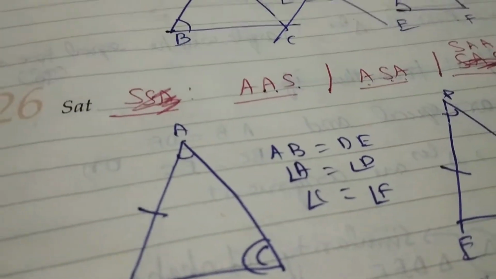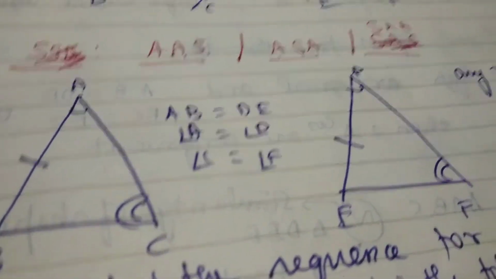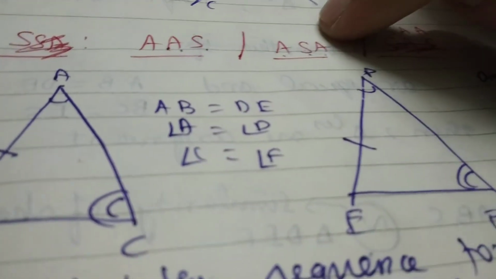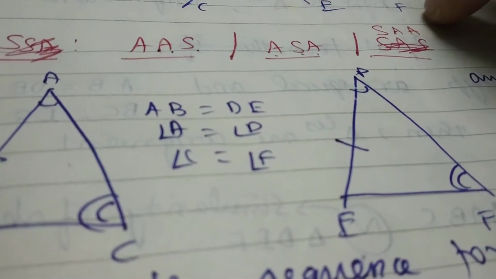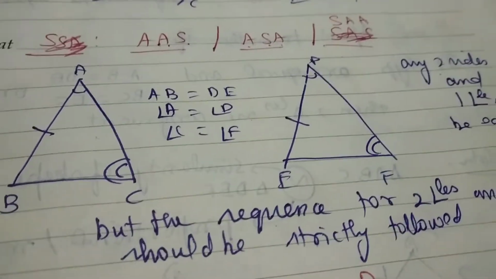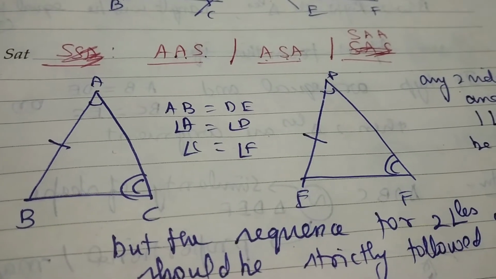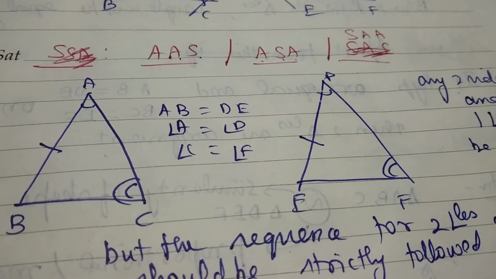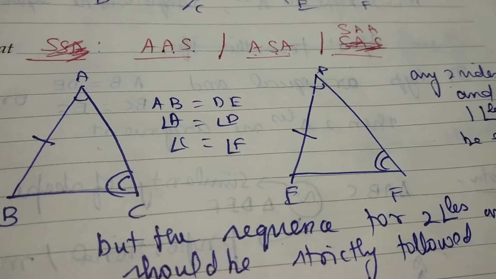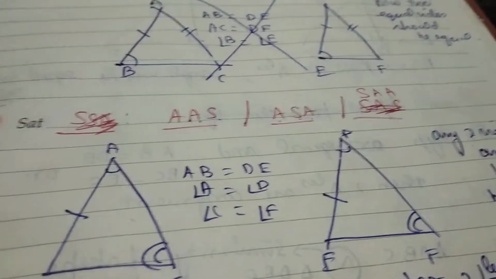Another thing, the last type of congruency will be AAS congruency. This AAS can also be called ASA congruency or SAA congruency. The last congruency states that any two angles should be equal. Along with the two angles, the corresponding sides should be equal.